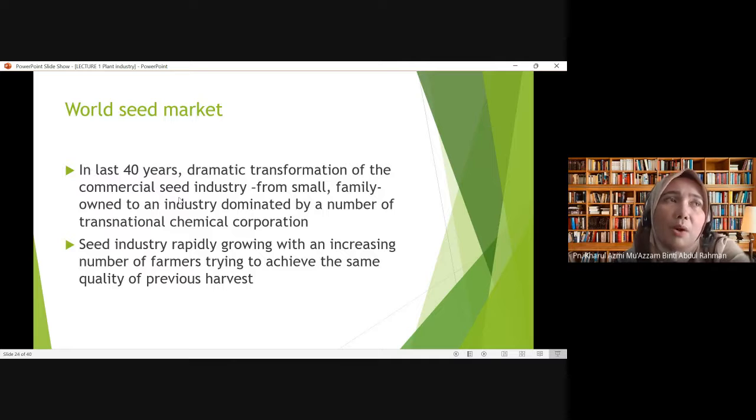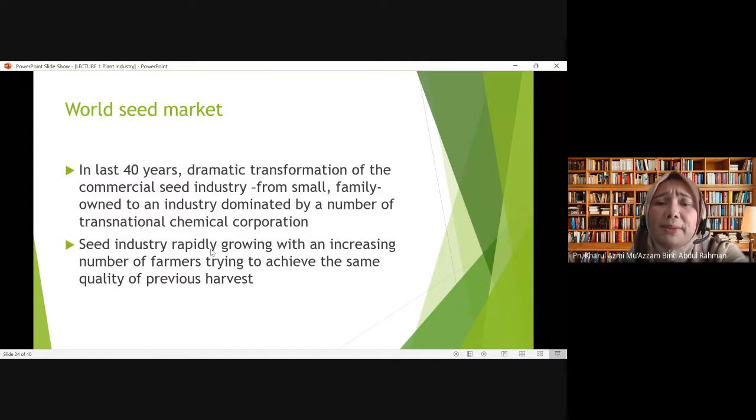Dulu, awal-awal dulu, orang yang jual tu dalam bentuk perniagaan yang kecil, dipunyai oleh family sahaja, inherited from one generation to one generation. Tapi sekarang ni dia telah didominated by a number of chemical corporations yang lebih besar, larger companies that dominated the seed industry.